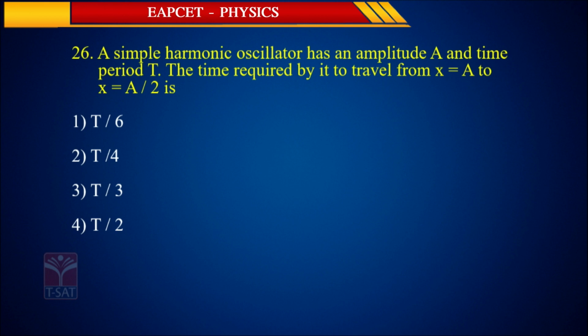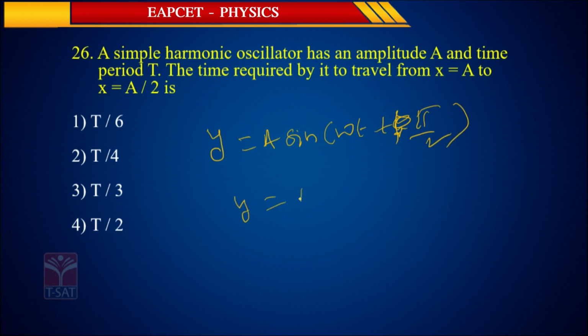Okay, here you know the simple harmonic motion equation, y is equal to a sin of omega t plus pi by 2. Here you know that this is pi by 2, that means a sin of omega t plus 90. This value is what here? Cos omega t. Suppose y is equal to a cos omega t.